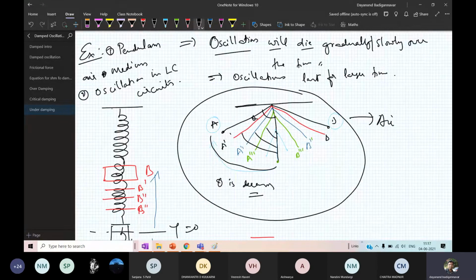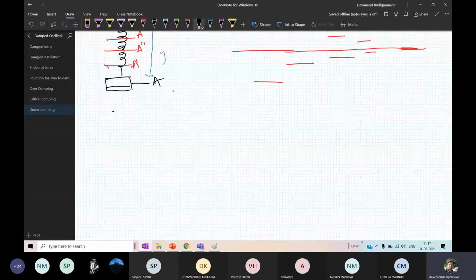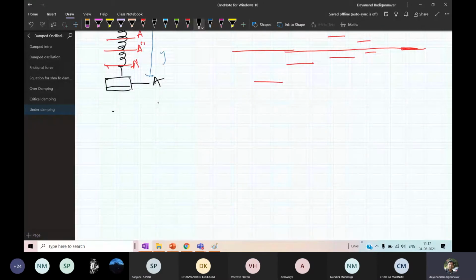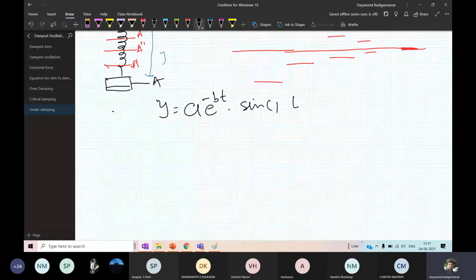Now you have the equation y is equal to A into e raised to minus bt into sine of beta t plus phi. Sorry, not omega, it should be beta t. Here beta is equal to root of omega square minus b square.